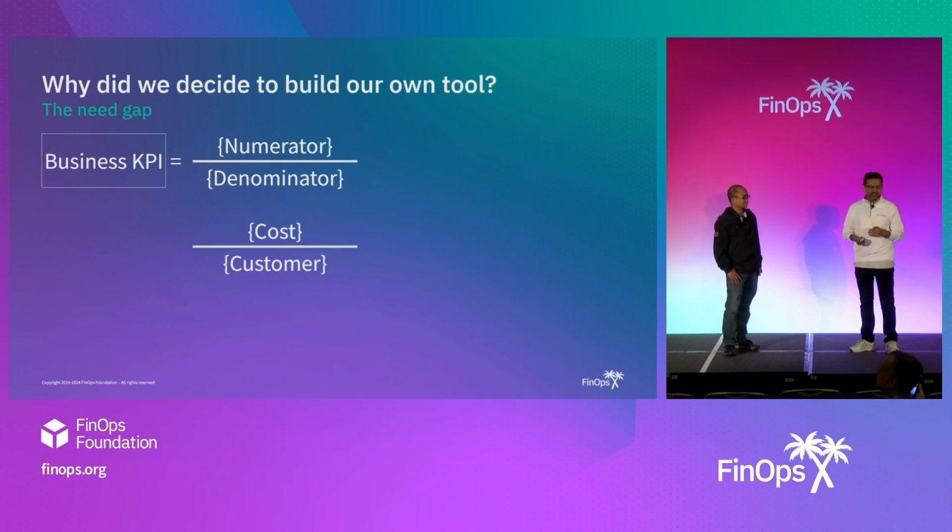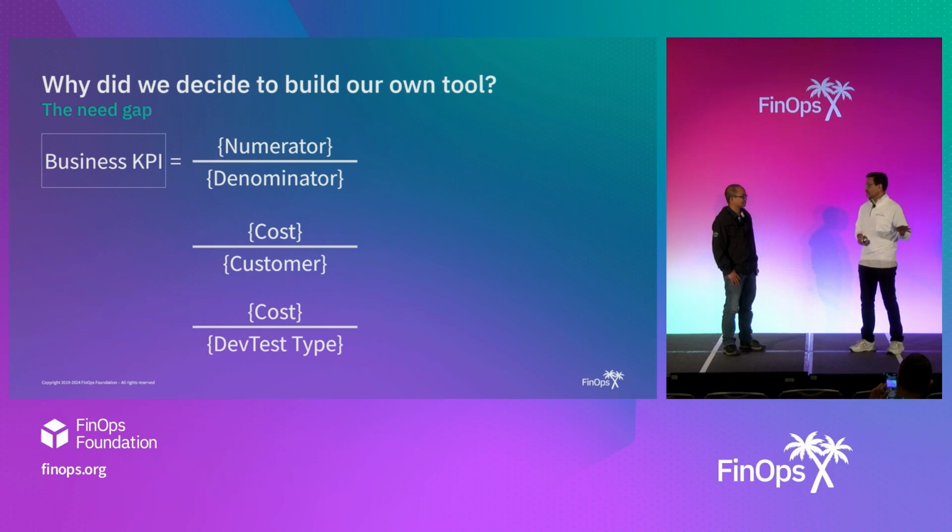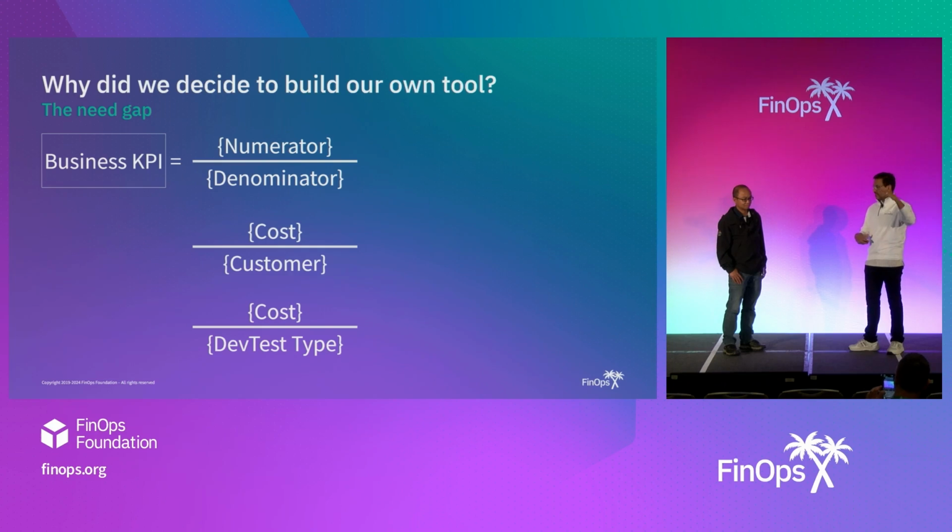So when you say cost per customer, the customer and tenant data is in our own data warehouses. How do you blend that? Do you bring that data into the third-party package software? Or if you run a dev test, how much did that particular test cost us? That test information isn't in the tool. How do I blend that with the third-party package software, which has just got the numerator?